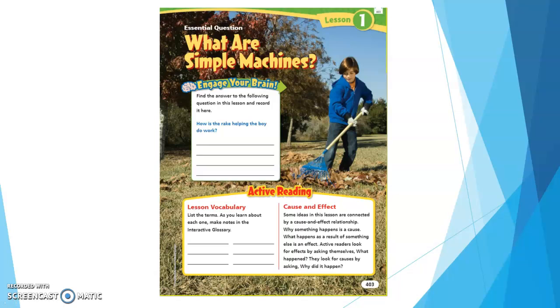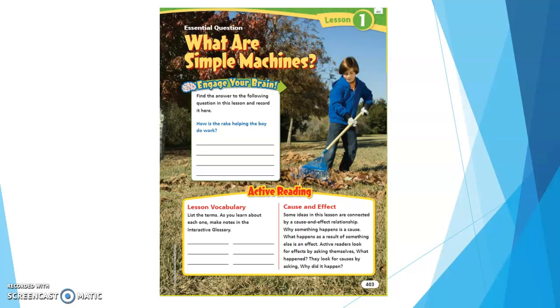Okay, lesson 1. What are simple machines? What do you see? I see a boy raking leaves. How is the rake helping the boy do work? If you see, the rake helps the boy do his work.